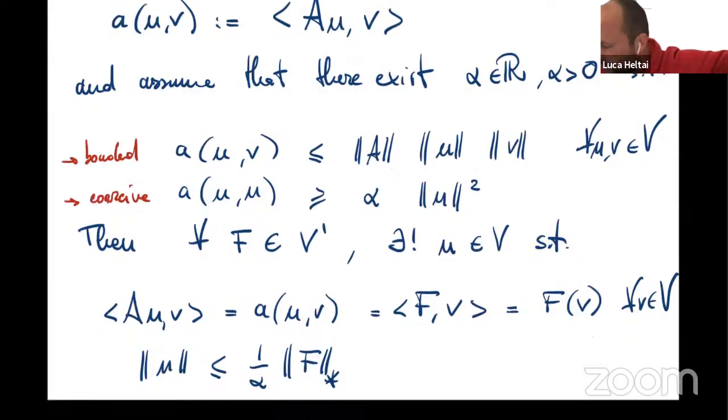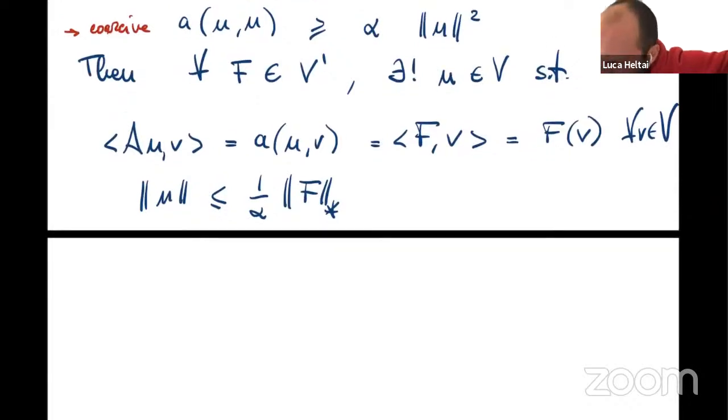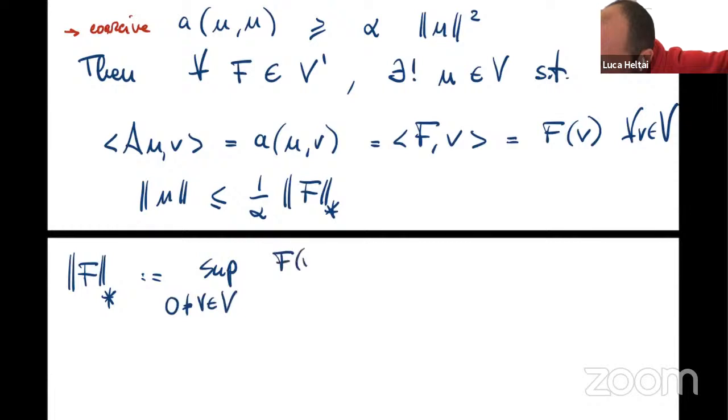So let me just recap here. What's the norm of f in the dual space? This is the dual norm of f. It is defined as the supremum over any v in the space capital V, which is non-zero, of f of v divided by the norm of v, which is often written with the duality product.